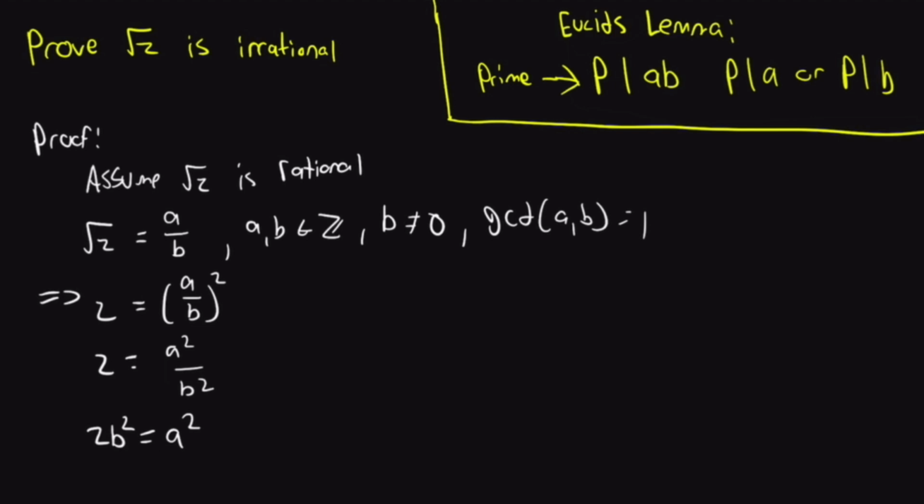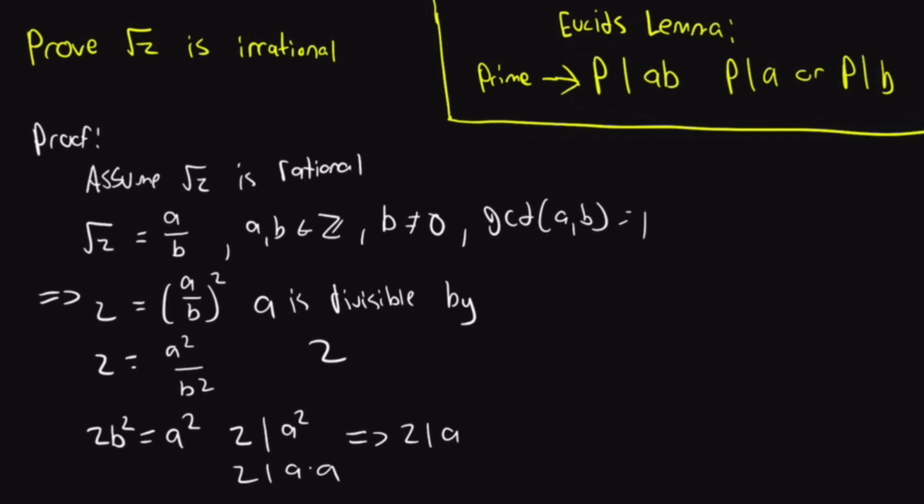It basically says if a prime number divides AB, then the prime number divides A or it divides B. So in our case, 2, which is a prime number, divides A squared, which is just A times A. So it divides A or A, and since they're both the same, this just means that 2 divides A, which means that A is divisible by 2.